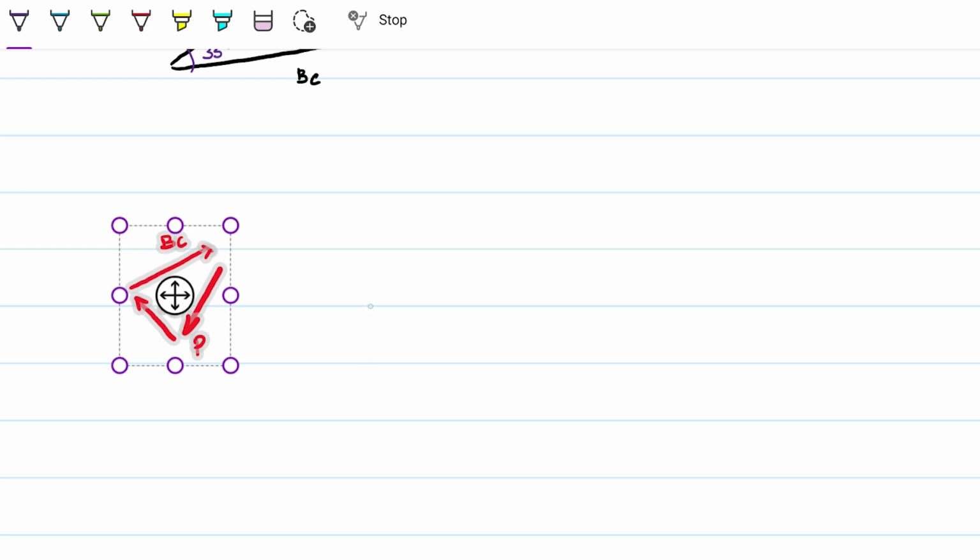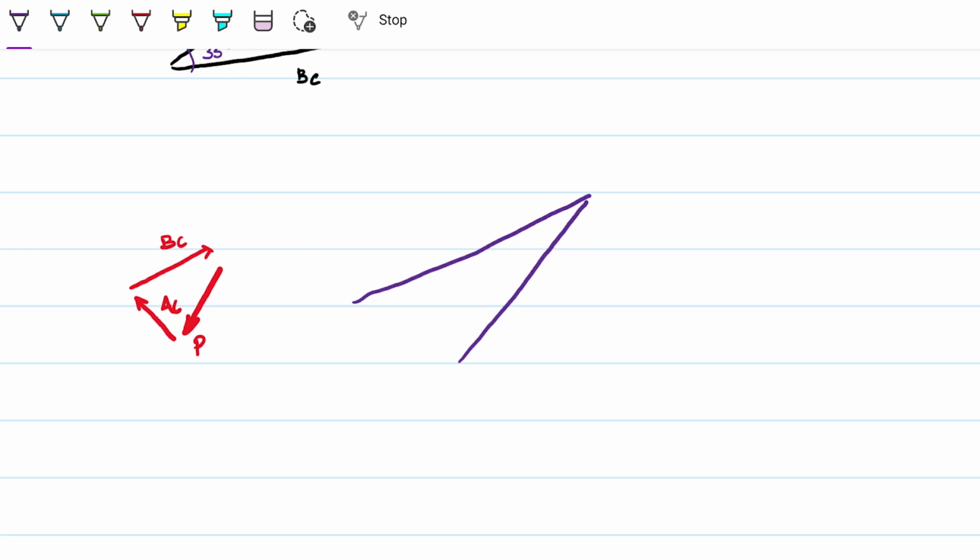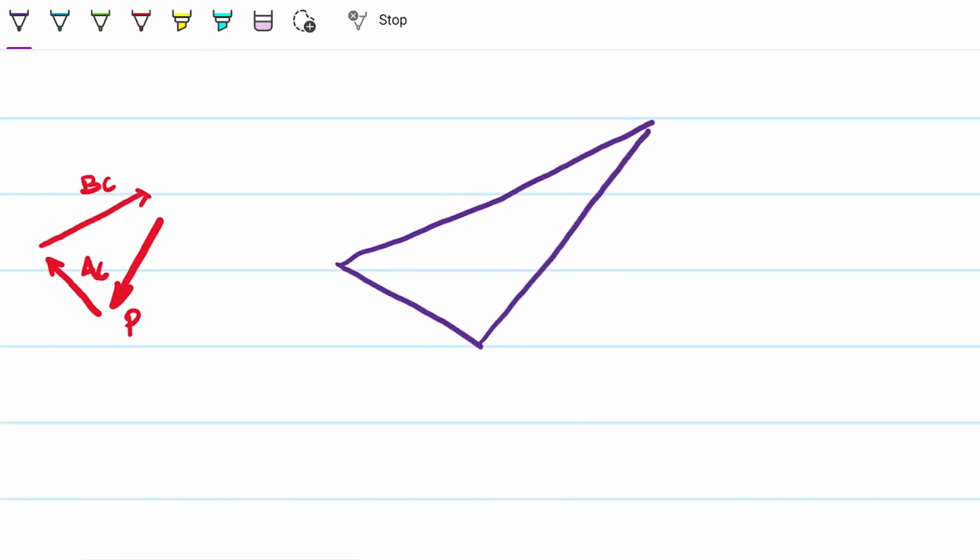I'm going to go from here all the way here. Then we have P, and P is going to go like so. And then we're going to have AC. Not perfectly straight lines, but not enough to get in the way. And then P over here. Okay, cool.